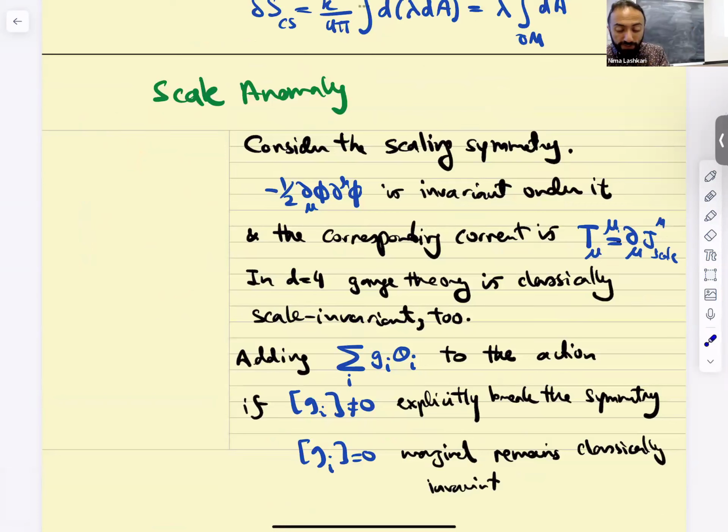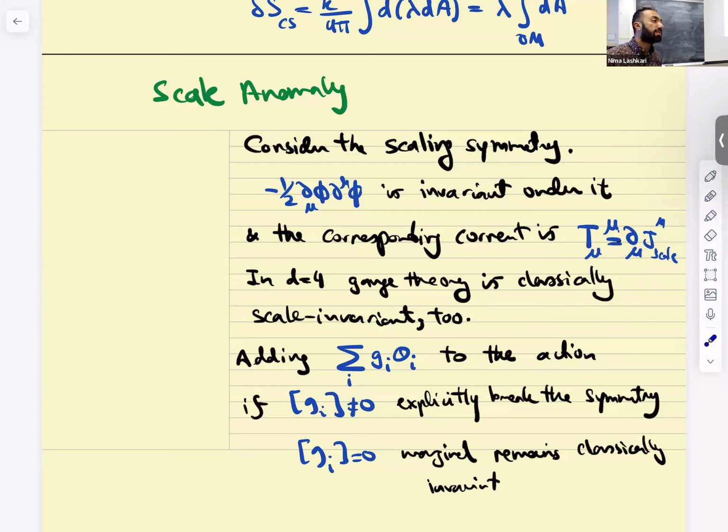Scale anomaly. So we discussed the scale anomaly in a simple setup of massless scalar fields. This theory is classically and quantum mechanically scale invariant. The conserved current associated to scale symmetry, the derivative of that, this conservation law, will give you tracelessness of the stress tensor.